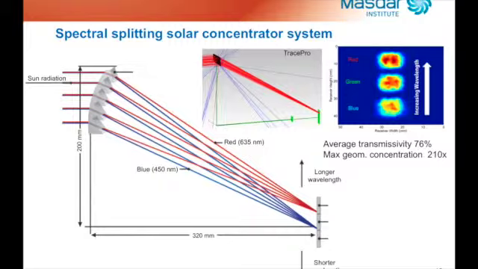As we can see, we use 3 different colors, and we can see a very good separation of these colors, a separation of circa 3 centimeters between the red and the blue wavelength. And we also obtain a very good concentration in both directions. The overall performance of this optical element is reported here. We have an average transmissivity of 76% and a maximal geometrical concentration of 210x.